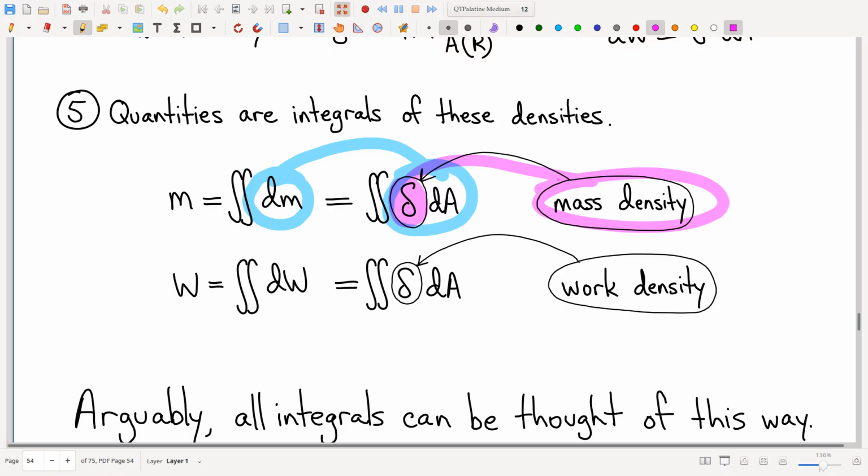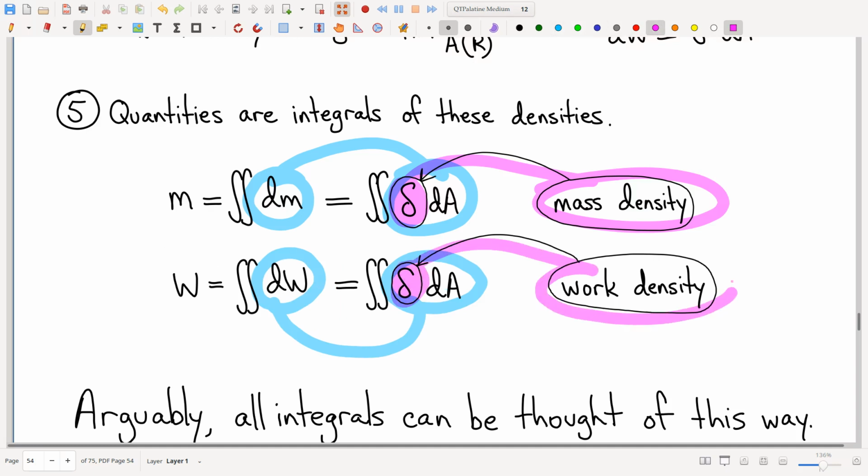And well, okay, likewise, if work is an accumulating quantity, right, as we previously discussed, I can talk about how much work there is in a given amount of area, and the integrand, again, then is a density. Now it's work per unit area, so it's work density instead of mass density. It's analogous, morally kind of the same.